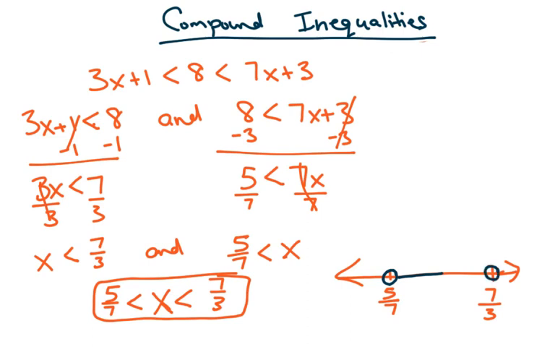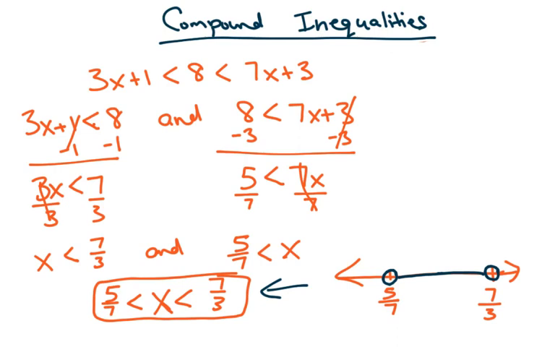It's less than 7/3, so I'm going to use an open circle there as well. Since x is less than 7/3, the numbers are less to the left. These arrows run into each other, and so this is my solution on a number line that represents the same thing as I have written here. It basically says x can be anything between 5/7 and 7/3.